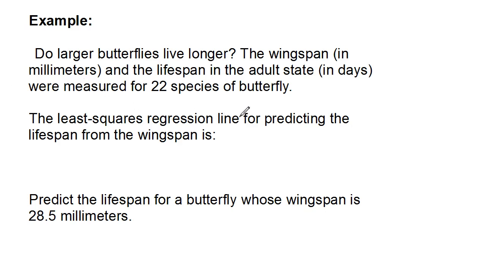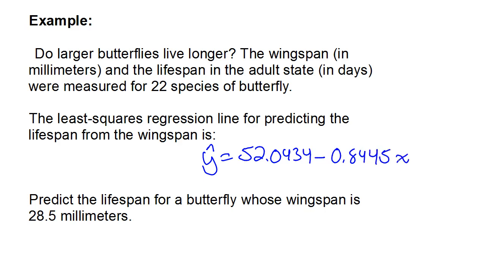The least squares regression line for predicting the lifespan from the wingspan is y hat is equal to 52.0434 minus 0.8445x. Predict the lifespan for a butterfly whose wingspan is 28.5 millimeters.